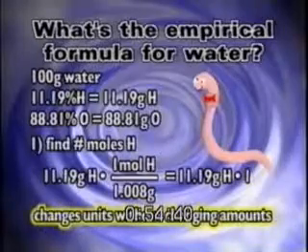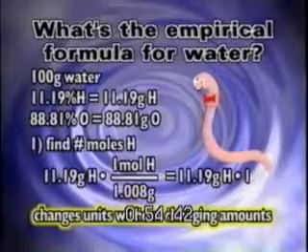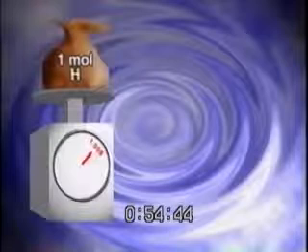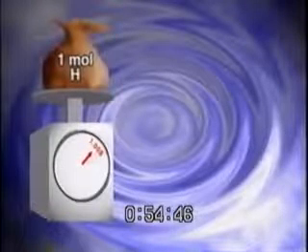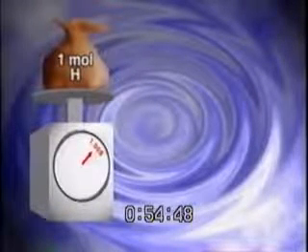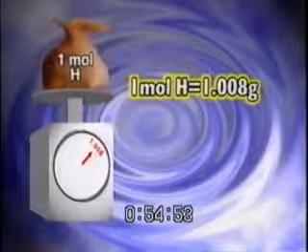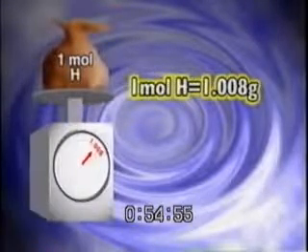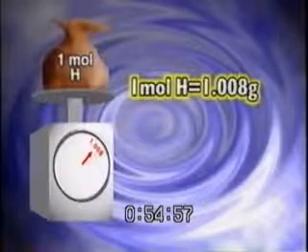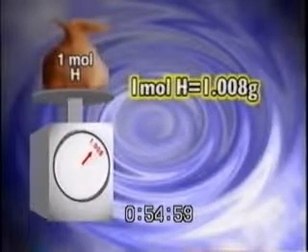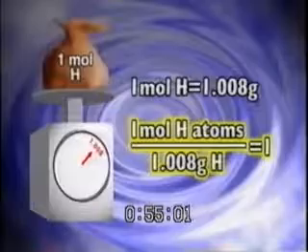So it changes units without changing amounts. See, if you weighed out 1 mole of hydrogen atoms, it would weigh 1.008 grams. So in effect, 1 mole of hydrogen atoms and 1.008 grams of hydrogen are the same thing. That's why it's like multiplying by 1.